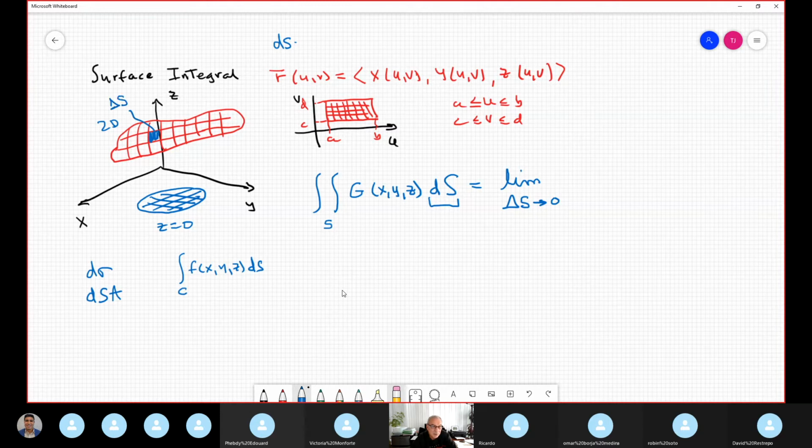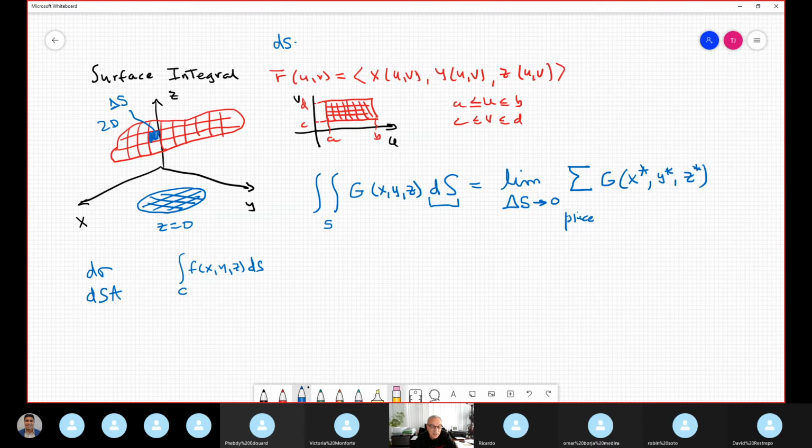When you make this division too small and do the summation, for every piece you define inside the surface, you evaluate the function G, the integrand function, at a totally arbitrary point, normally called x*, y*, z*.